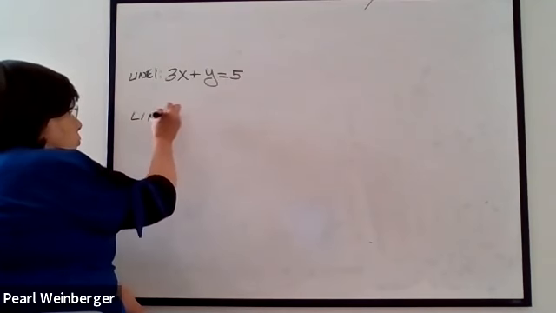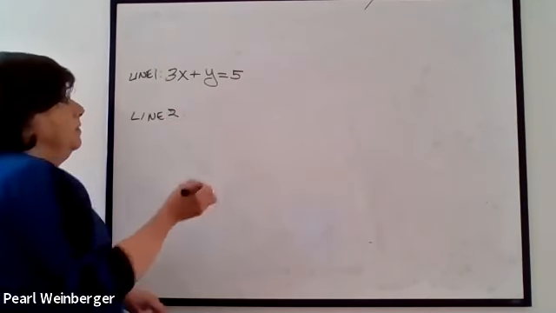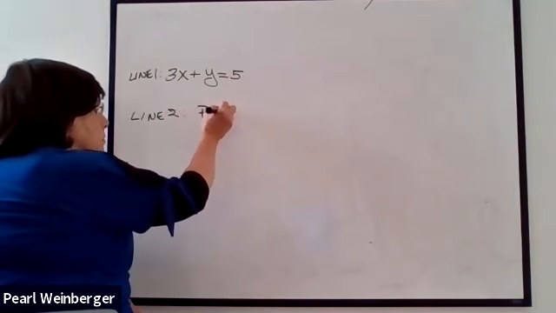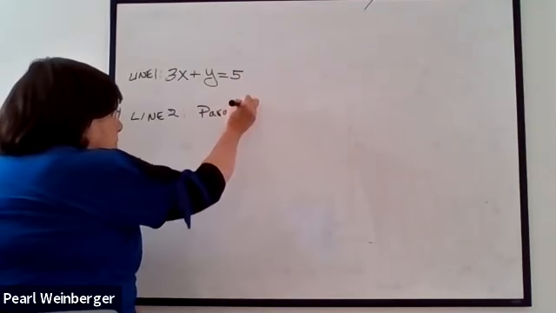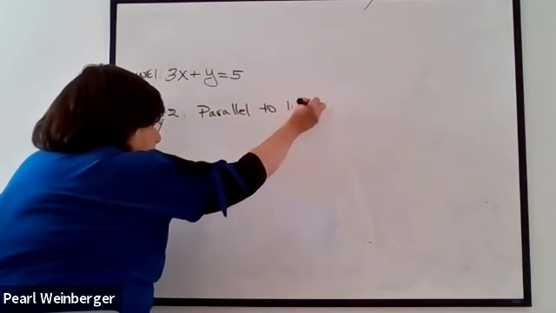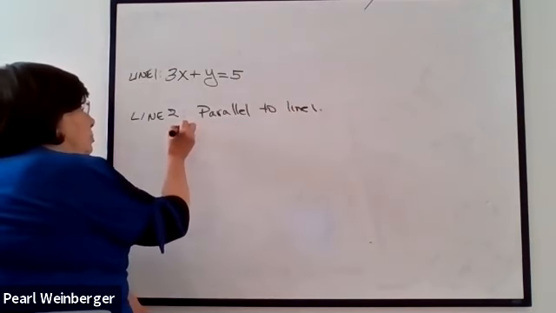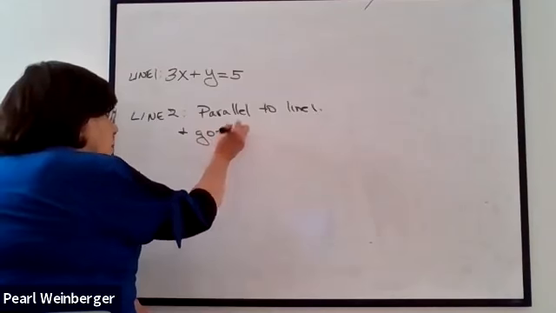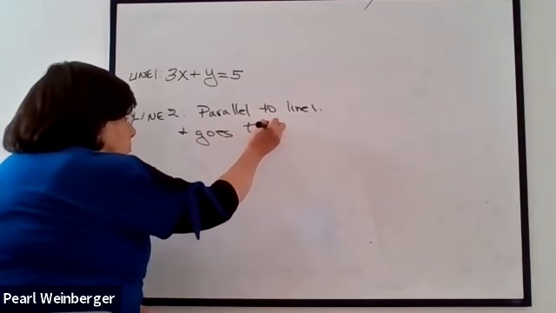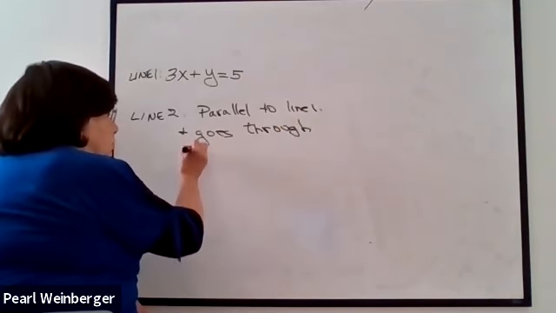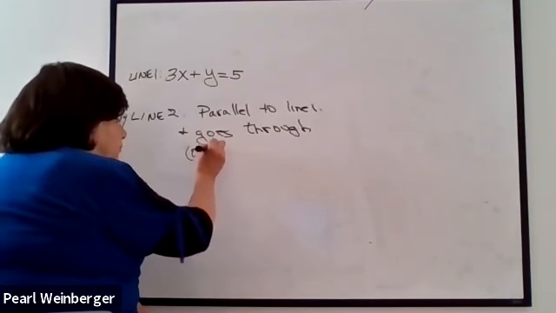Let's call it line 2. That's going to have this description. It's going to be parallel to line 1. And it has to go through the point (0, 4).